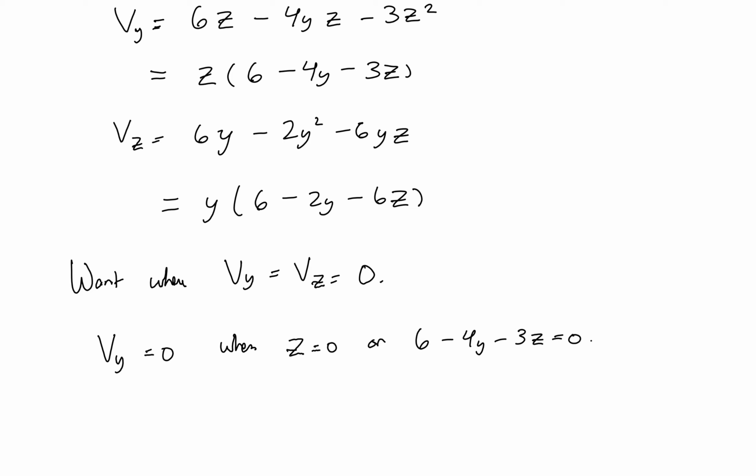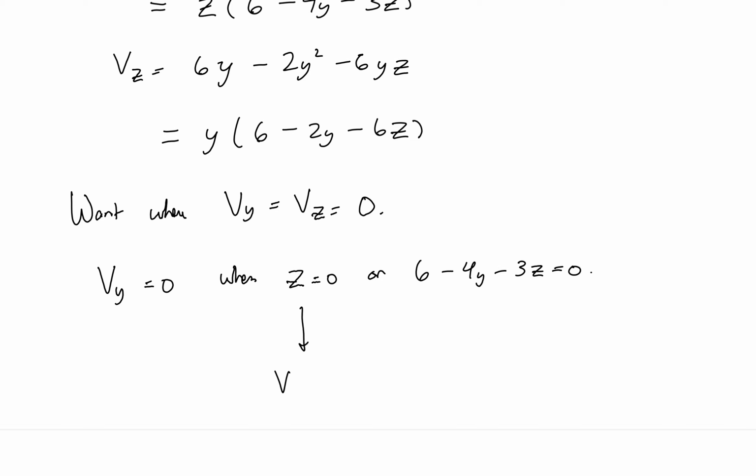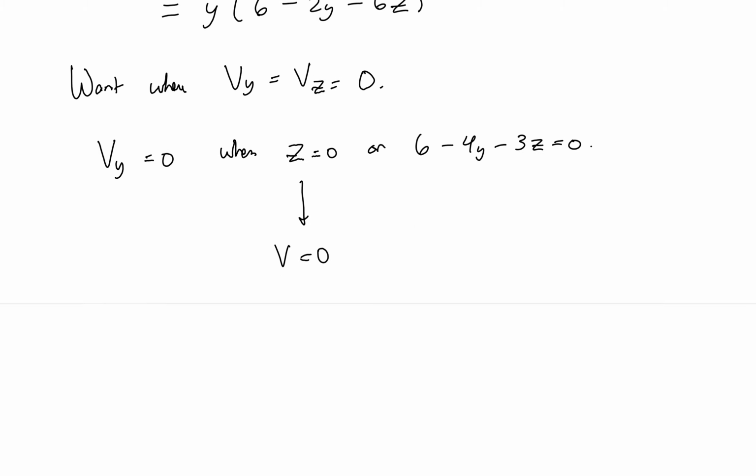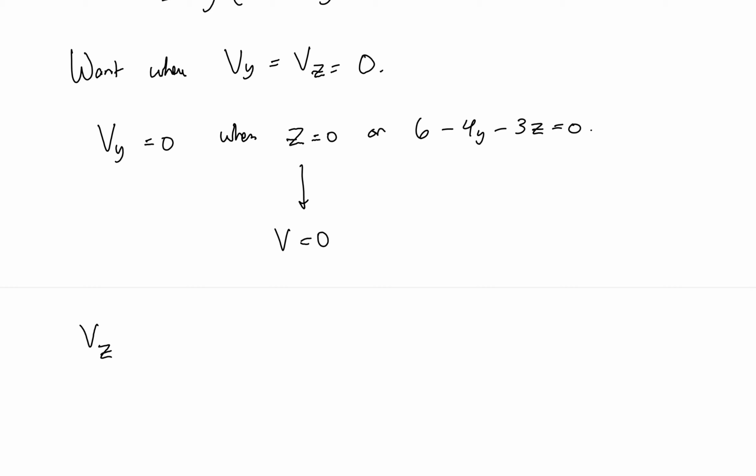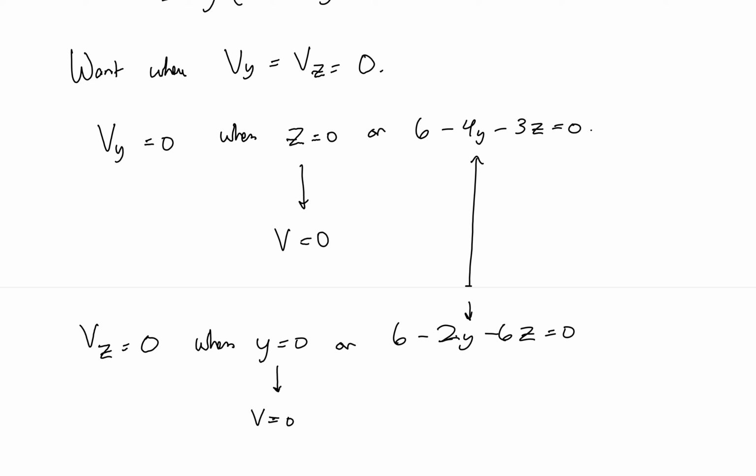And the first case here leads to a volume equals 0. So that's probably not going to be our maximum possible volume. And same thing if we do V_z, this is equal to 0 when y is equal to 0, which again leads to a volume of 0, or when 6 minus 2y minus 6z is equal to 0. So we're really going to want to focus on these two here, because those should give us a non-zero volume.